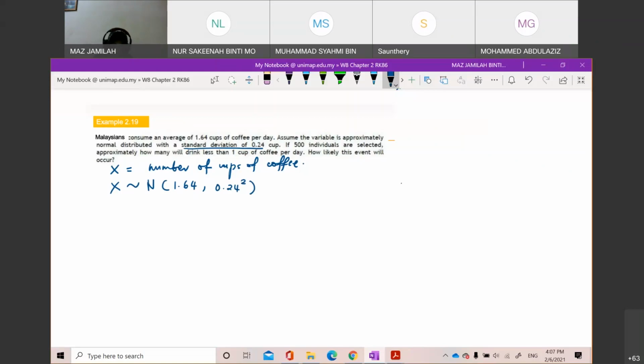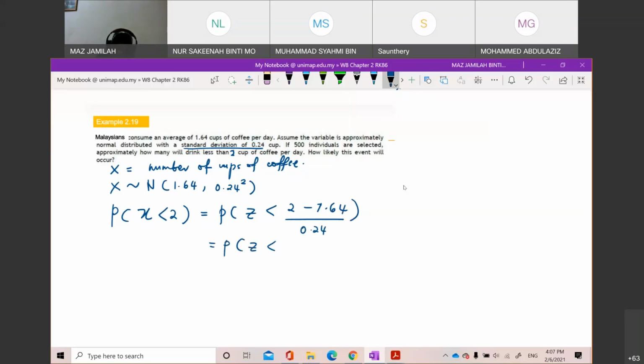Now, if 500 individuals are selected, approximately how many will drink less than 2 cups, in your textbook? So P(X less than 2). Transform into Z: Z less than (2 minus 1.64) divided by 0.24. If you calculate, you will get 1.95.